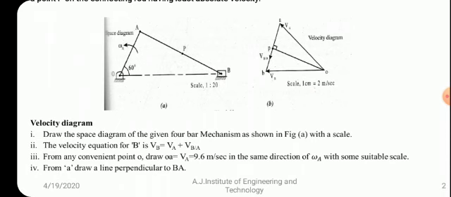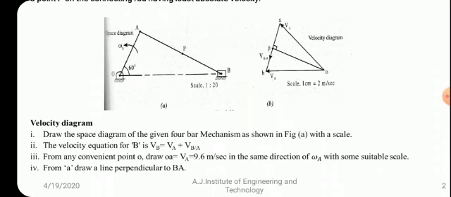From O, suppose you draw a line perpendicular to AB in the velocity diagram; this will be the least absolute velocity. Any other points, if you draw a line, will have more velocity. That condition is satisfied here.